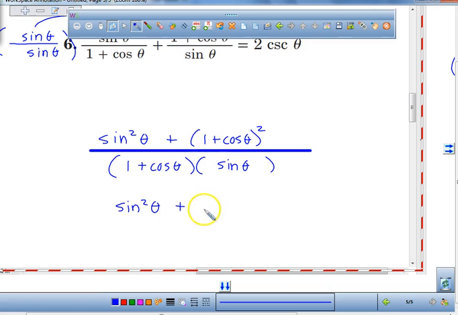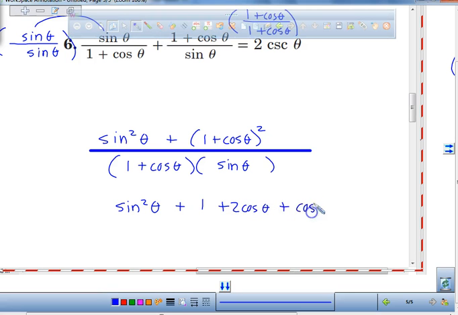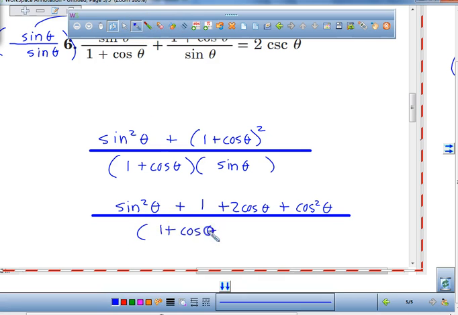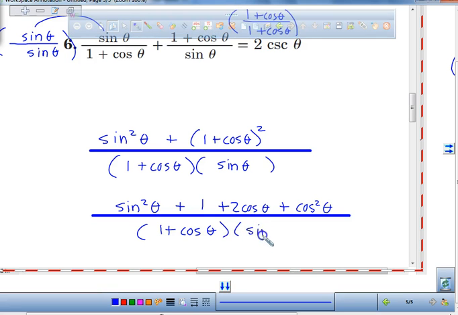Plus. What does that become? We have a 1, we have a 2 cosine theta plus 1 more cosine squared of theta. And that's all over 1 plus cosine of theta, sine of theta. Has anybody seen the Pythagorean identities up there? Yeah. We got one right here, right?